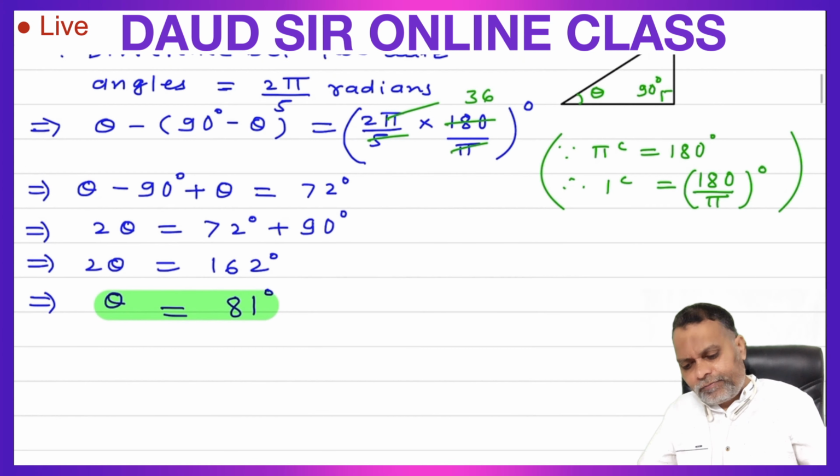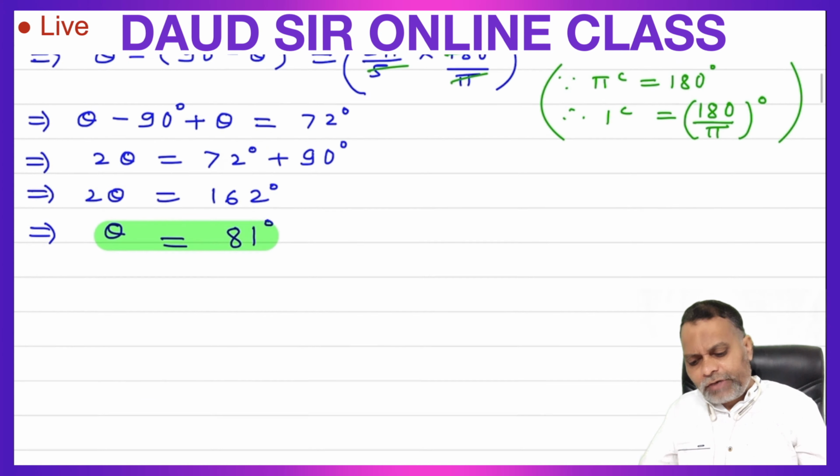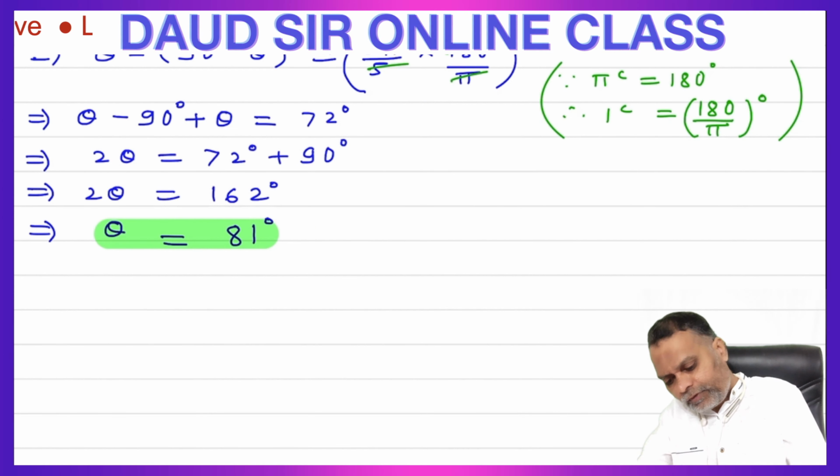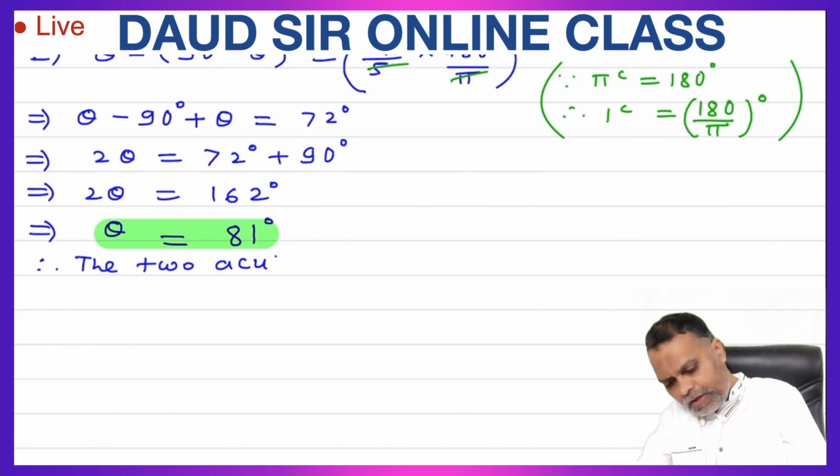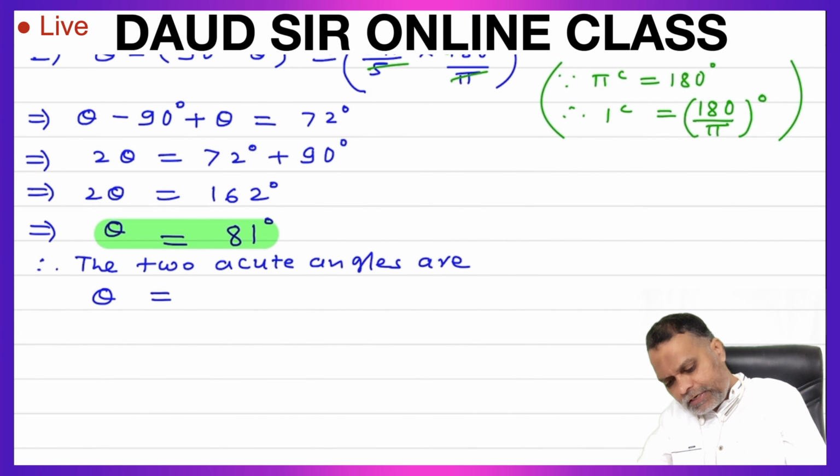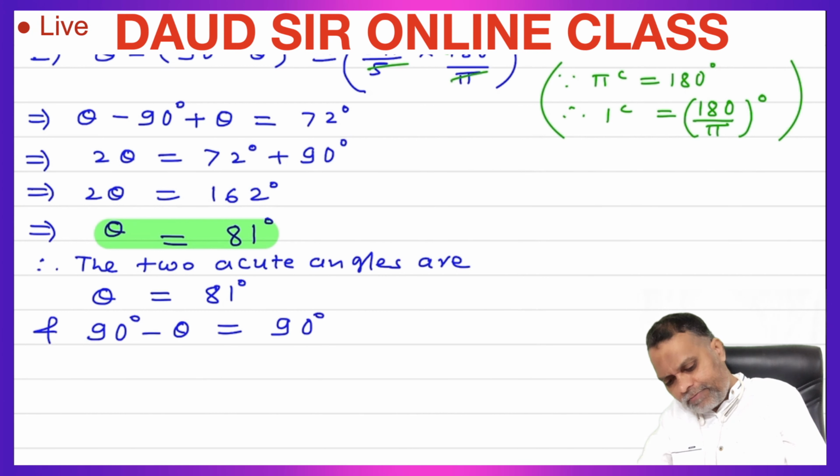So another angle, therefore the two acute angles are theta is equal to 81 degrees and 90 degrees minus theta is equal to 90 degrees minus 81 degrees is equal to 9 degrees.